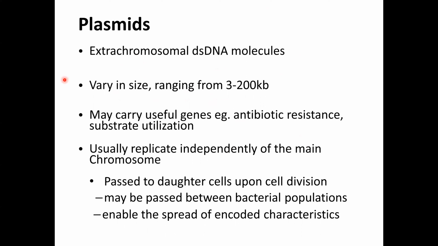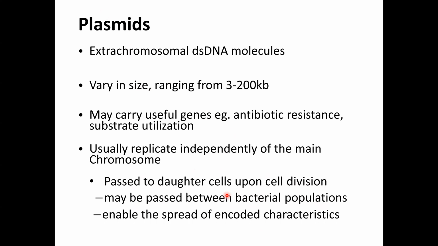Plasmids are very widely used in research because they carry very useful genes, for example genes for antibiotic resistance or substrate utilization. Plasmids easily replicate independently of the main chromosome, so they are most likely passed to daughter cells upon cell division, and they can also pass between bacterial populations.